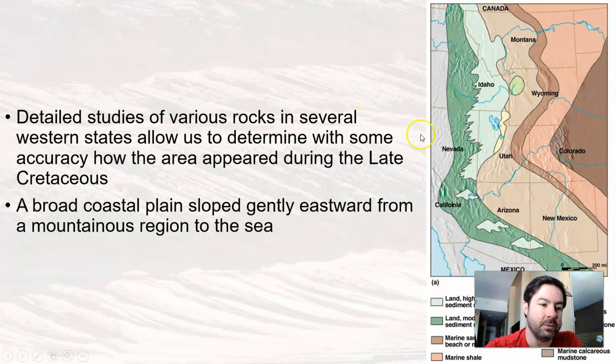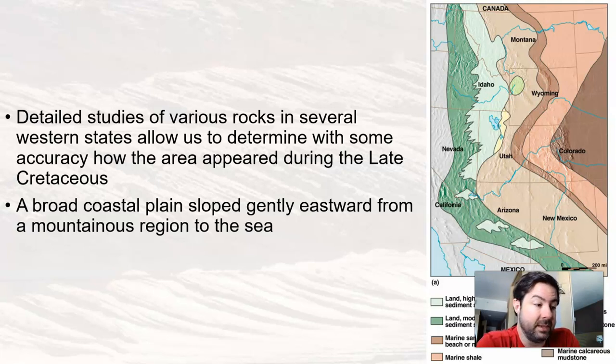So the deeper parts were going to be out west, and the shallower parts were going to be to the east, starting from the interior of North America. But detailed studies of these various rocks in the western states allowed us to determine that with some accuracy. Not only once, but multiple times.